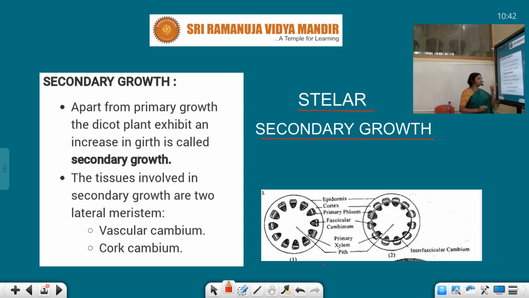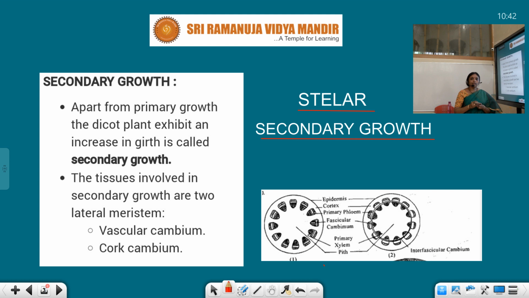The tissues involved in secondary growth. So, how does secondary growth occur, how is this secondary structure forming? The tissues involved in secondary growth are two lateral meristems. We have seen there are 3 types of meristem according to the place and position in the plant body: apical meristematic, intercalary meristematic, and lateral meristematic.